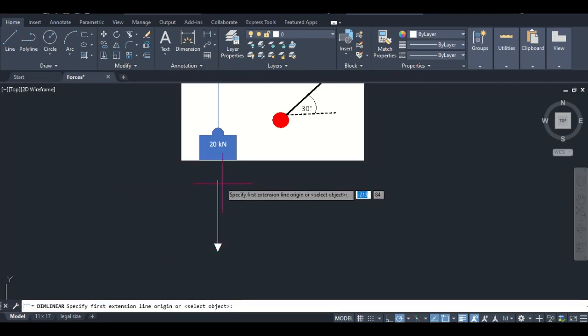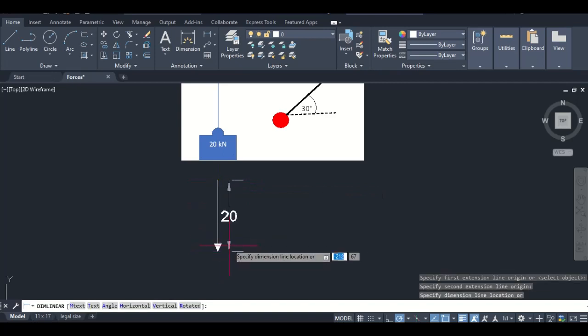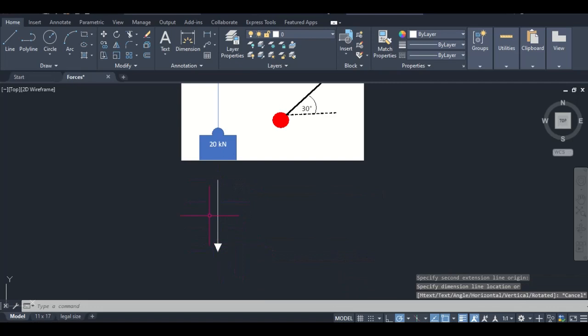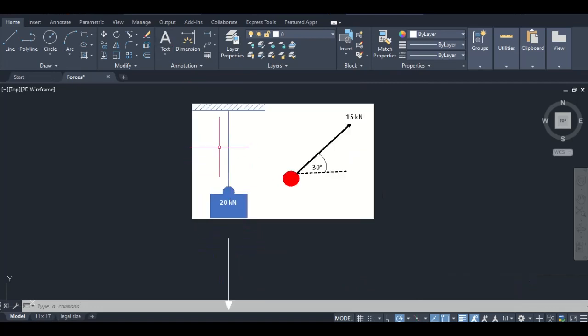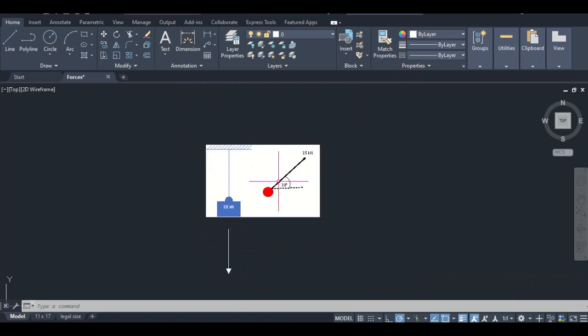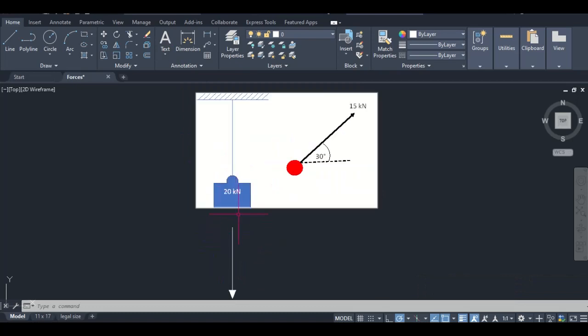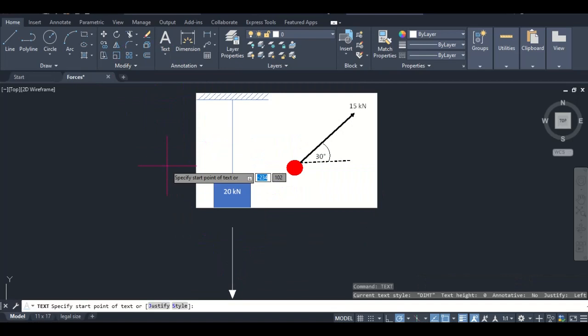So let me just dimension to make sure. 20, beautiful. So that is that. So what I'm going to do, because this question was A, I'm going to name this force A. And then this one is B, I'll name this force B as well. So this force, I'm going to be naming it A. So let's type T-E-X-T.